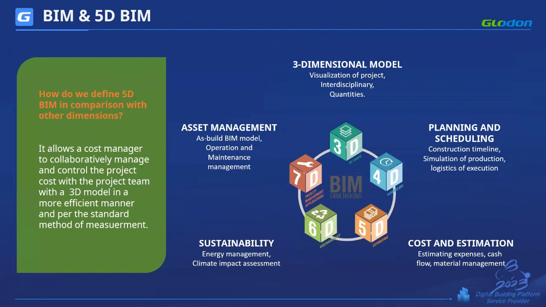And why do we have to learn 5D BIM? Okay, so we can categorize BIM into 5 dimensions. 3D BIM. 3D BIM means getting a 3D model and managing the information. 4D BIM, this example is Revit. 4D BIM means 3D plus time.